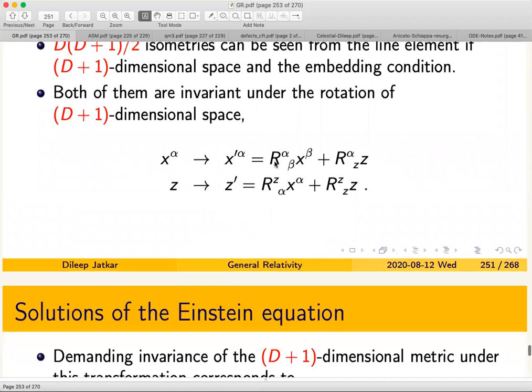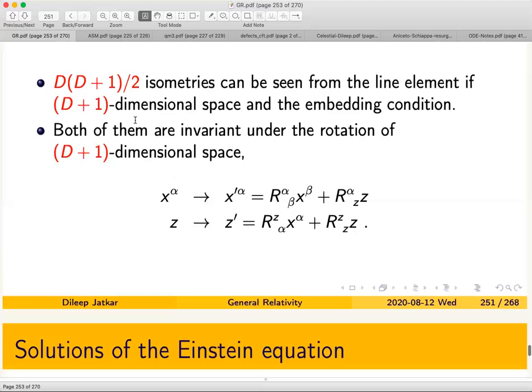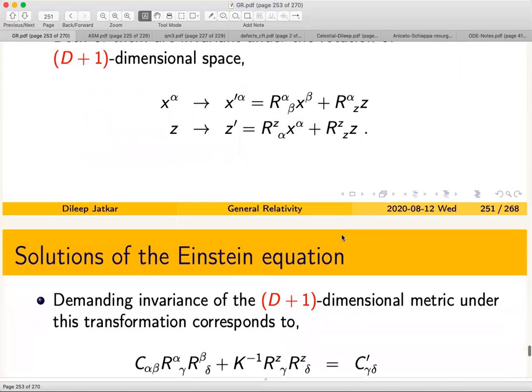Fine. So you get the invariance of the surface if you look at the transformations of this guy. That x alpha goes to x prime alpha, which is a rotation of x alpha plus a transformation involving z, and z goes to z prime, which is a transformation involving x times the scaling of z. Okay.